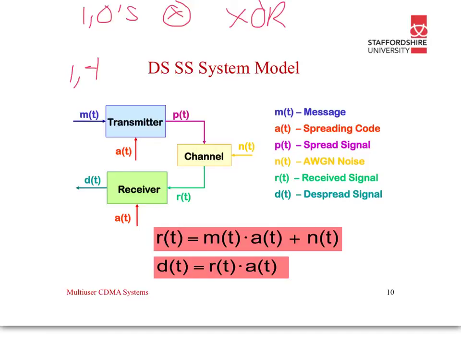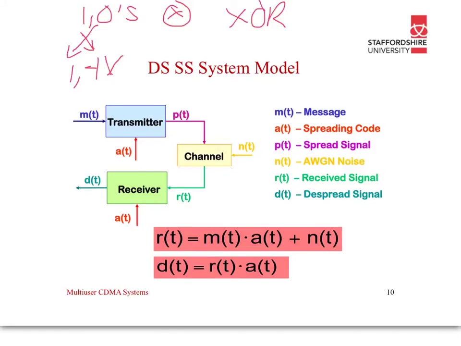We use exclusive OR when we're using logic gates, whereas we use ones and minus ones when we're thinking in terms of voltages. We'll need to convert the 1 into, say, a 1 volt and a 0 into a minus 1 volt, or we do it the other way around. So a 1 could be determined by a minus 1 volt and a 0 is determined by a 1.